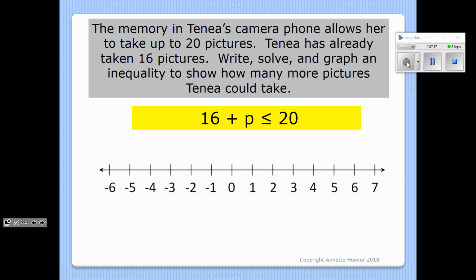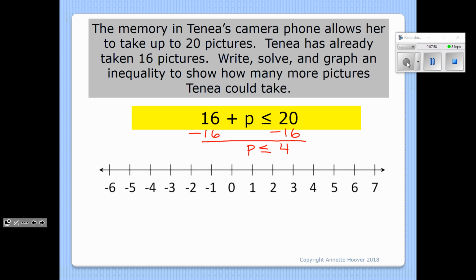All of those together have to be less than or equal to 20. We solve it the same way. The variable's on the left, so we're going to do a -16 on both sides of the equation. So we have 20 minus 16, which is 4. Our variable's on the left, so we can just read it, and it shows us the direction of the arrow.